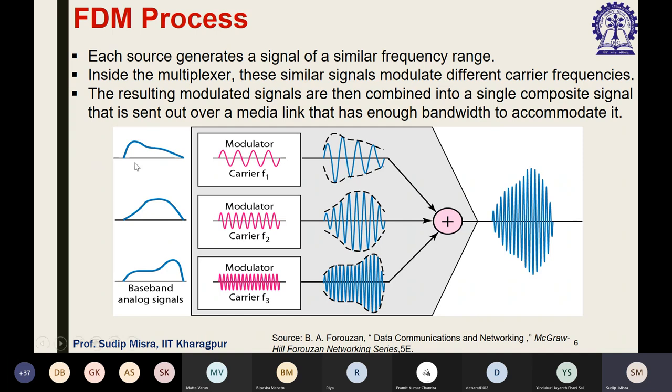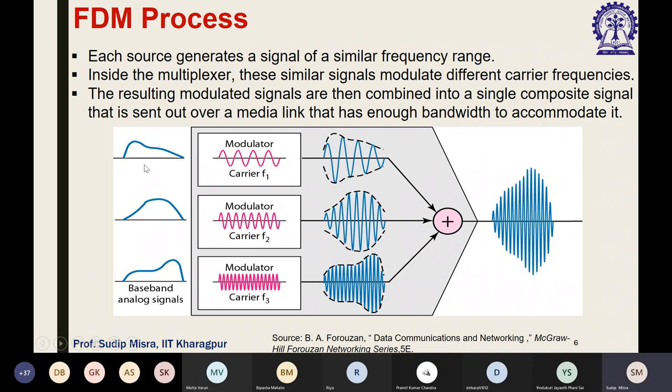So this is input line 1, input line 2, input line 3, connected to different computers, and each sends these different signals. Now this multiplexer is going to modulate every input signal. It is going to first modulate the signal over a particular carrier frequency, in this manner.